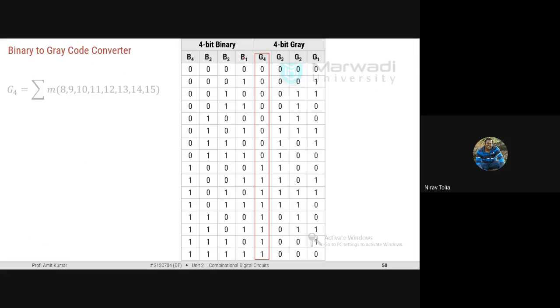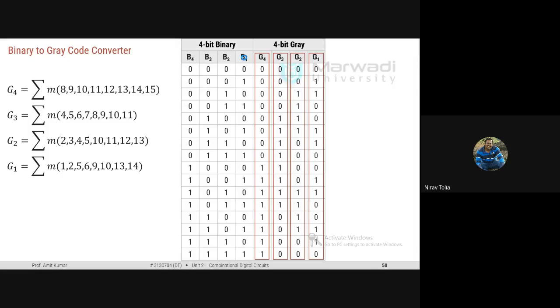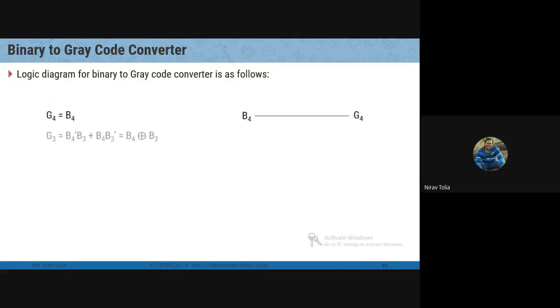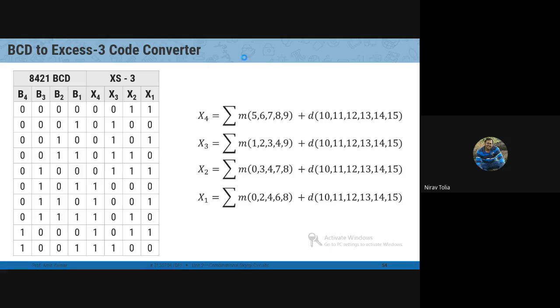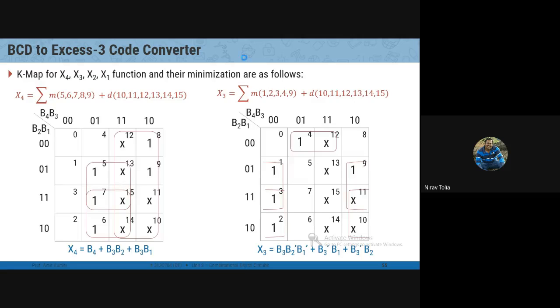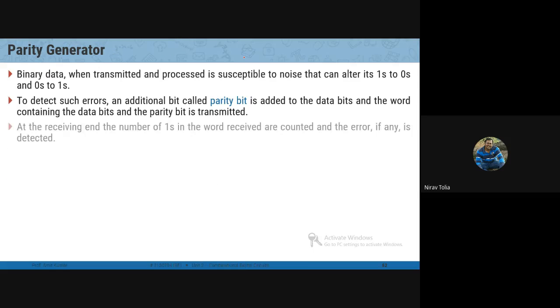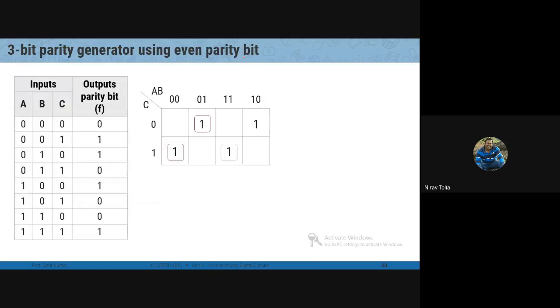In combinational circuits, binary to gray code converter is already covered. BCD to XS3 code is also covered. Comparators, so we have 1-bit and 2-bit comparator, that is also covered. Parity generator is also covered.